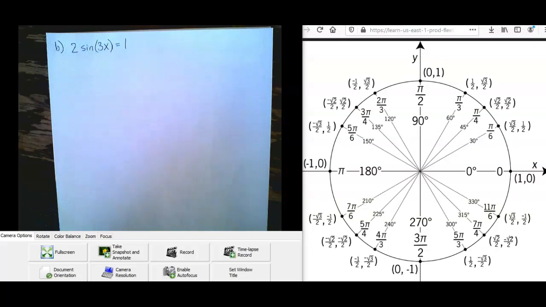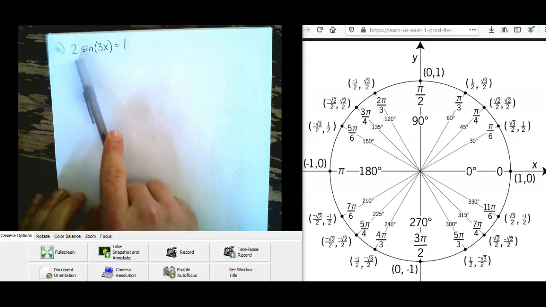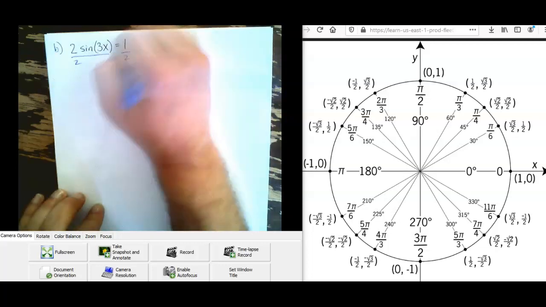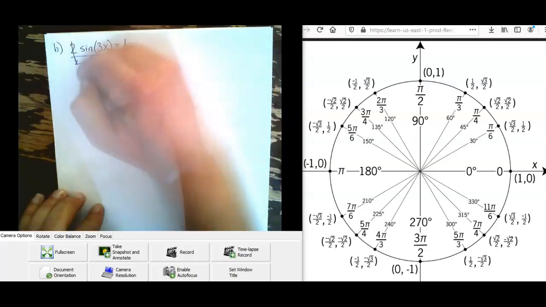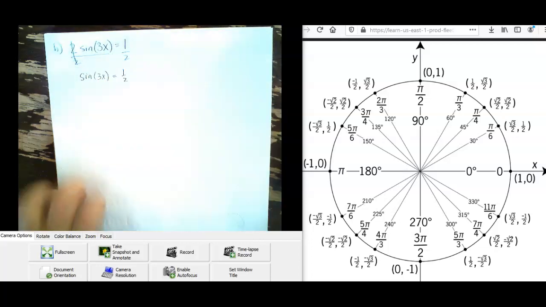So we do the same kind of thing with solving these, right? We want to isolate the trigonometric function. So we've got to get rid of that 2 first by division. So divide both sides by 2. Cancel. So we get sine of 3x equals a half.